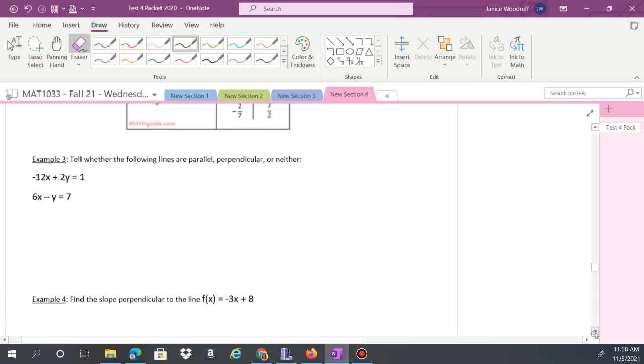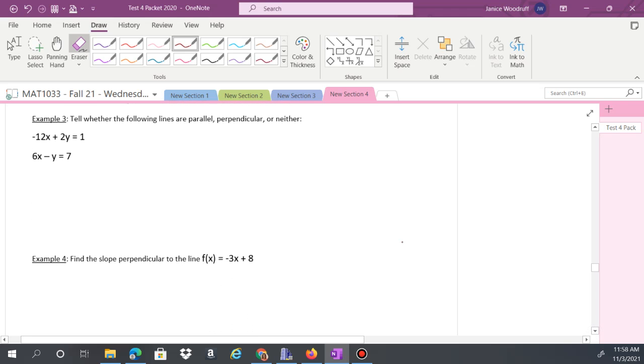For these examples, you want to compare two lines and say whether the slopes are parallel, perpendicular, or neither. You have to find the slope of each line and then compare. If I look at my first example, I have negative 12x plus 2y equals 1. I have to get that in y equals mx plus b form.